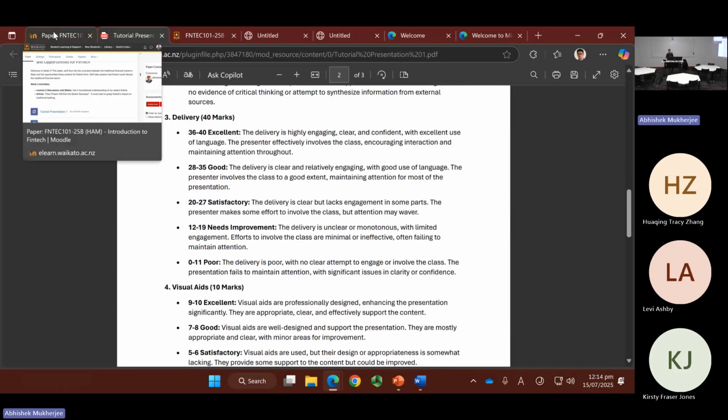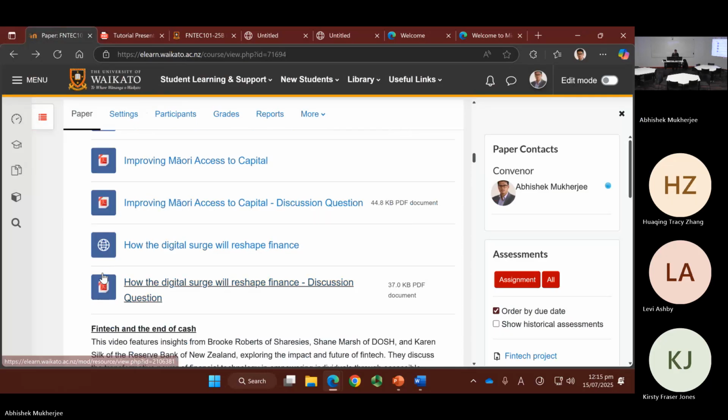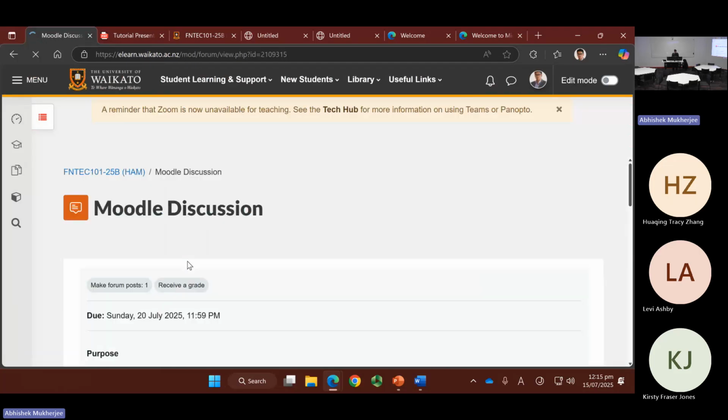Try to interact with the audience, because you will have other students attending the tutorial. Keep some questions and think about how you're going to interact. The tutor will give you detailed feedback after you have presented. I'm going to share that feedback with you, which will help you develop in the next presentations. That's your question. Now, you've also got a Moodle discussion, which is due this week.